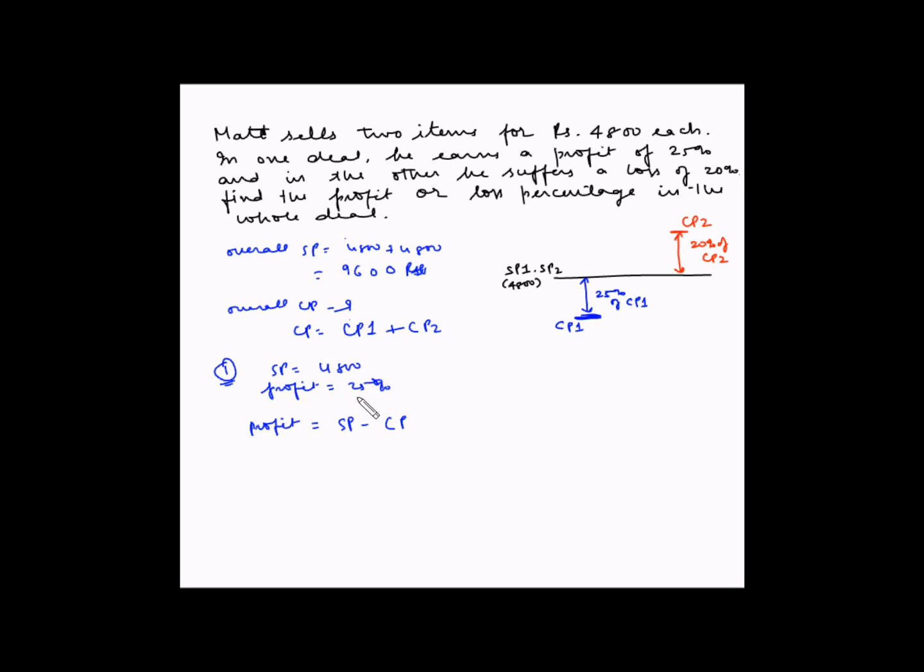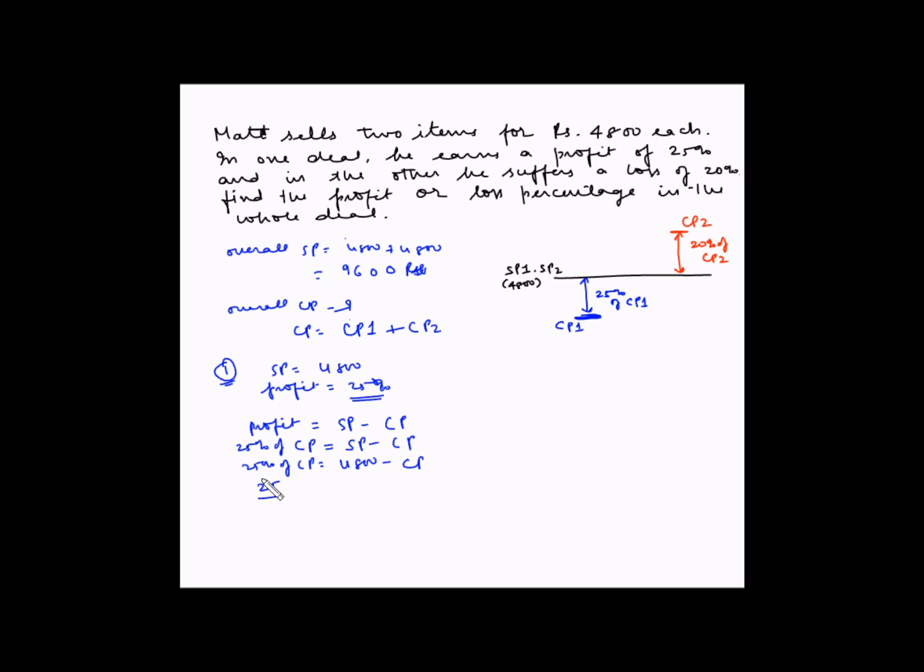Now profit here is expressed in terms of percentage, so let's express this in terms of rupees. So 25% of cost price is equal to selling price minus cost price, or 25% of cost price is equal to 4800 minus cost price.